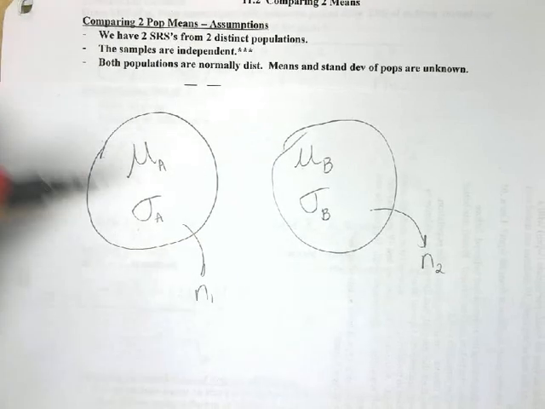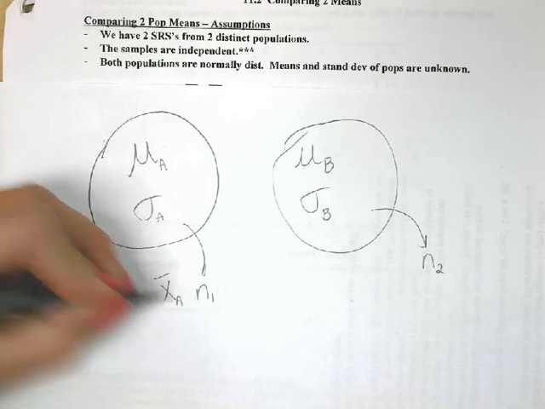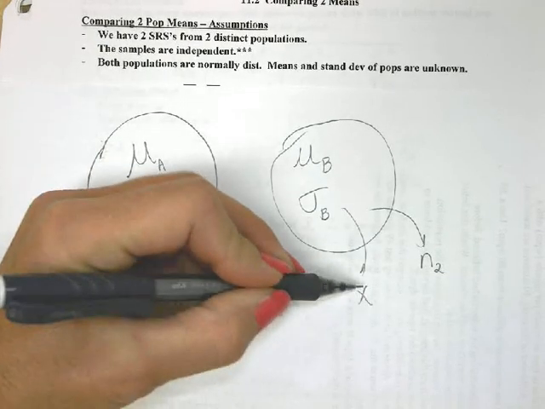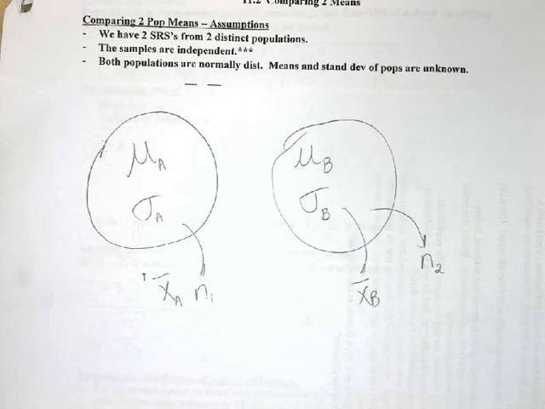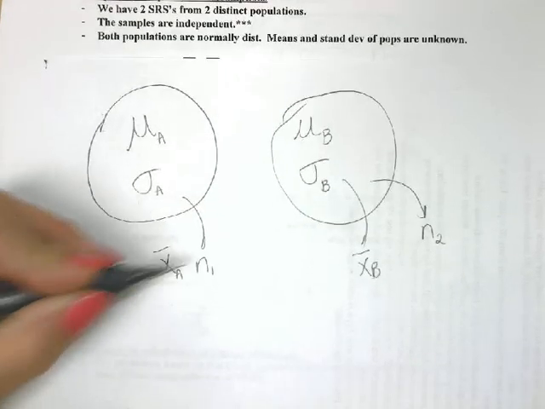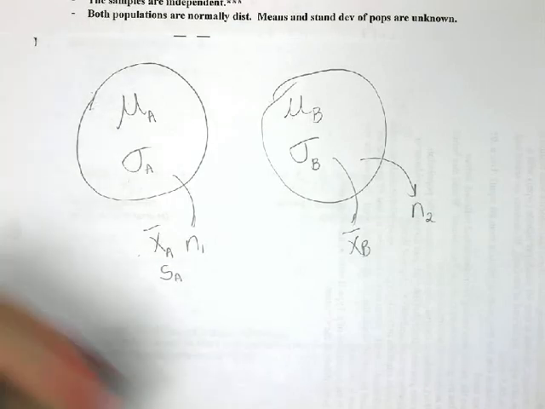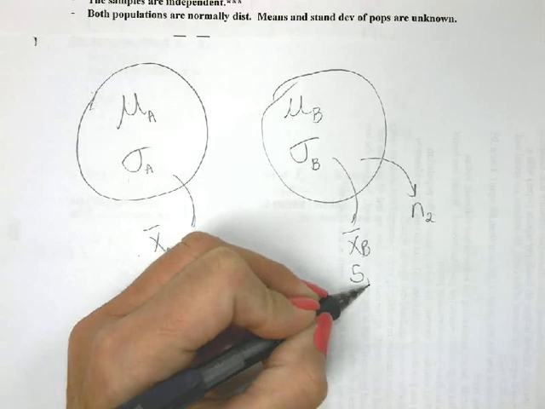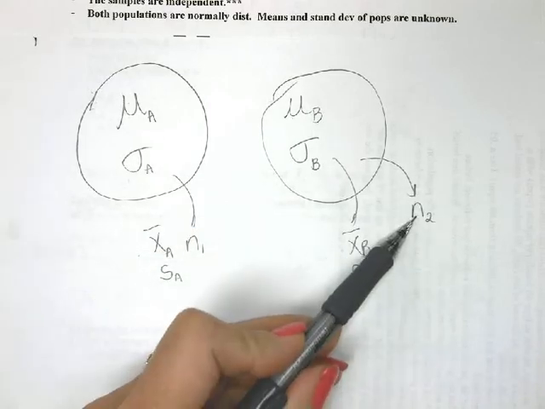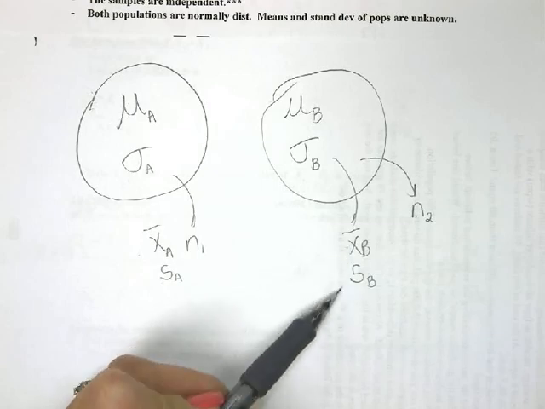So we would sample from here and get an X bar, and sample from here and get an X bar. We would also take the sample of N1 and get the associated standard deviation from that group, and likewise from the other group. So we know how those individual samples vary within each group, and we know the associated standard deviation.